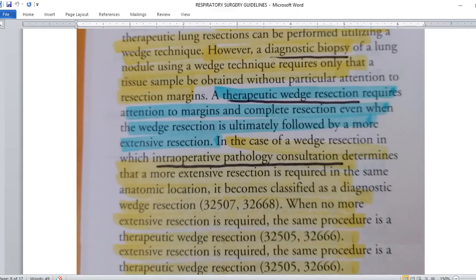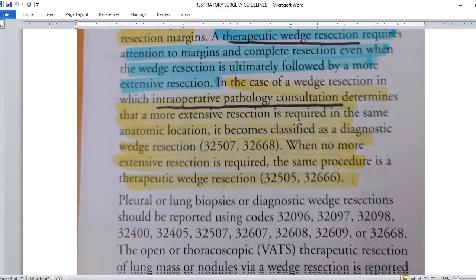However, in the case of a wedge resection in which intraoperative pathology consultation determines that a more extensive resection is required in the same anatomic location, it becomes classified as a diagnostic wedge resection. So again, we need to know what happens after intraoperative pathology if that's the case for the patient. When no more extensive procedure is required, the same procedure is a therapeutic wedge resection.